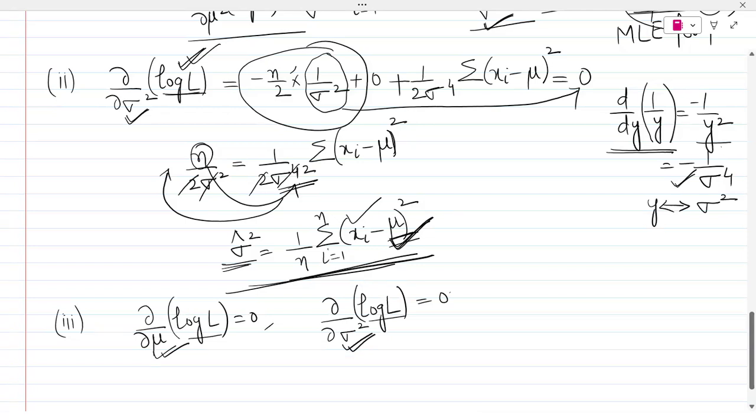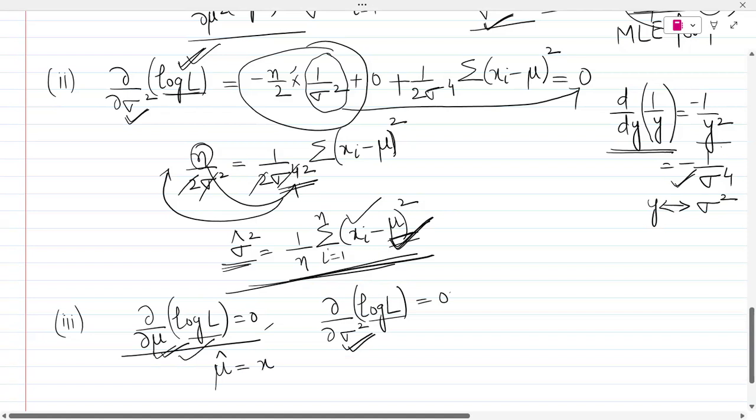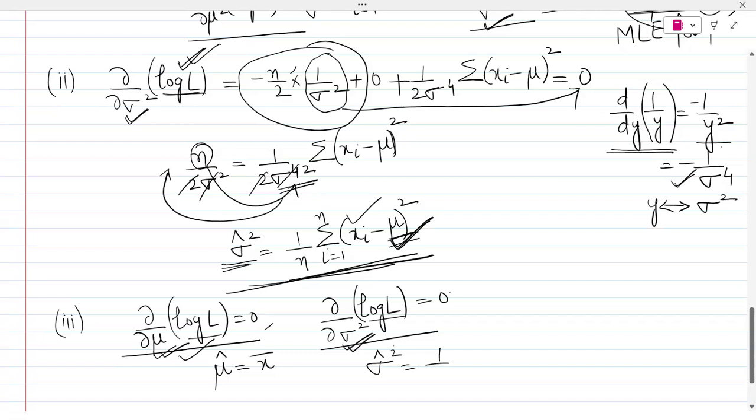Okay. So now this equation we have already solved in part 1, and when we solved this, we had that mu cap, the estimated value of mu, was the sample mean. This equation we solved in part 2, and we got that the estimated value of sigma square is 1 by n summation (xi minus mu) whole square.